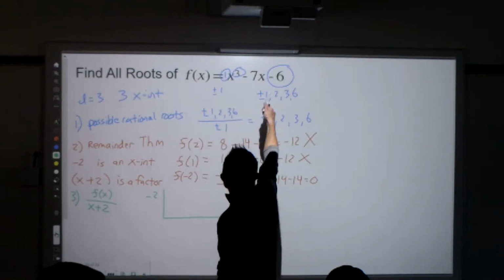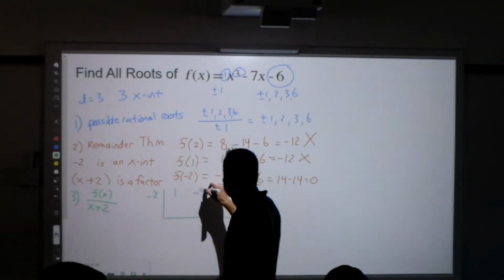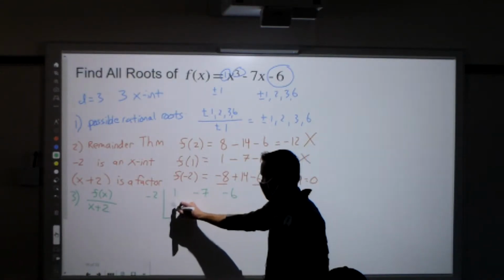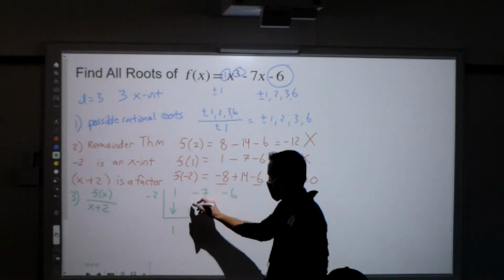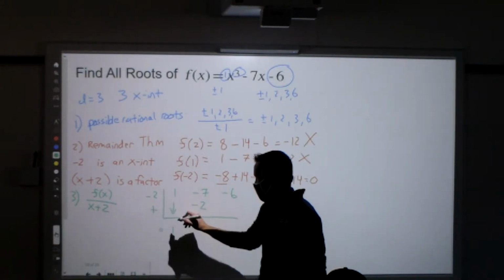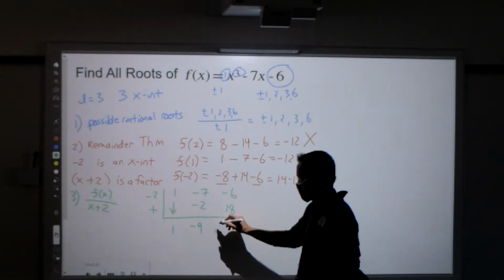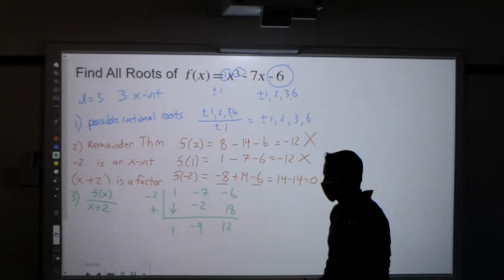And then I'm going to look at my coefficients. I've got 1, -7, and -6. I'm going to bring down the 1. -2 times 1 is -2. This adds to -9. -2 times -9 is 18, and that adds to 12.